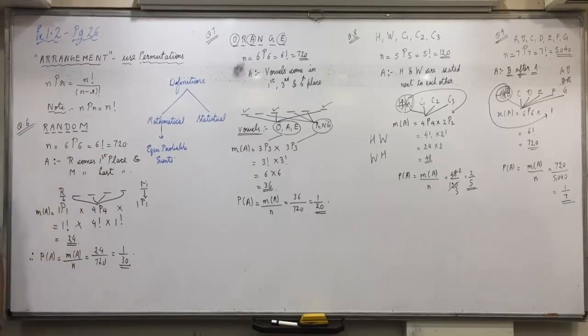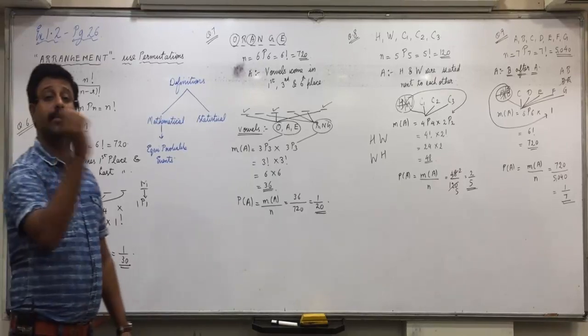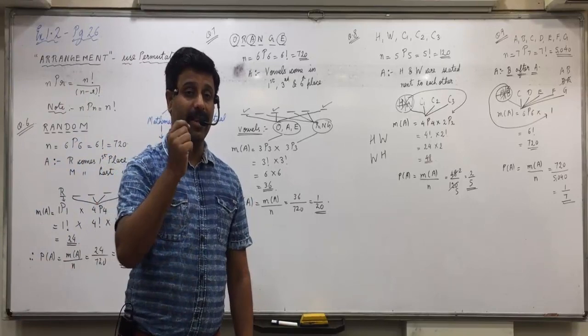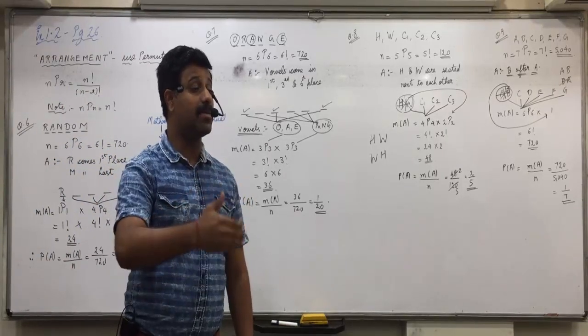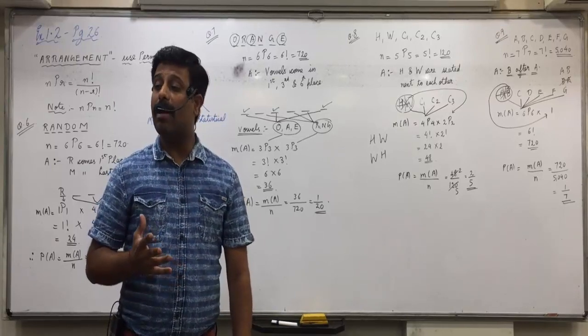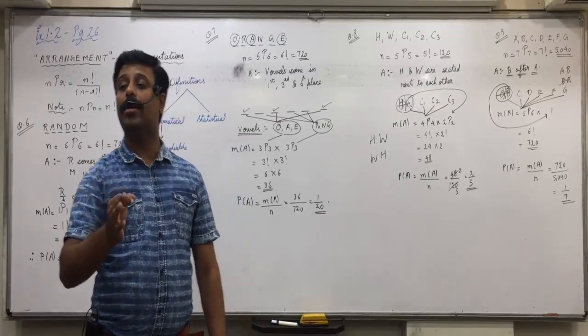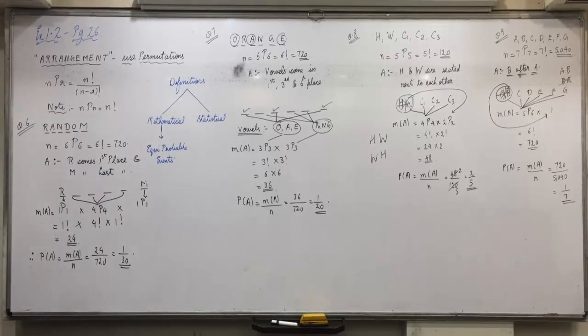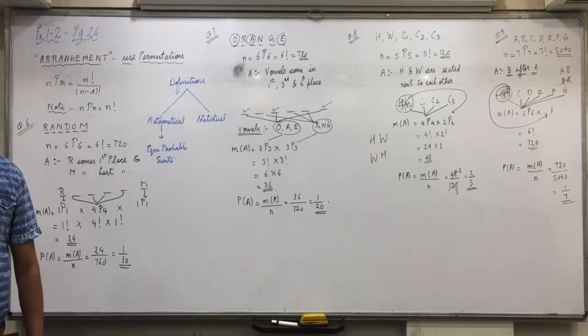In the statistical definition, you'll throw the dice 100 times. You'll perform the trial, and then you'll see how many times 4 occurred. Suppose 15 times. Then you'll say the probability is 15 upon 100, which is very close to 1 by 6. And the larger the number of times you throw or perform the trial, the closer you get your answer to 1 by 6.